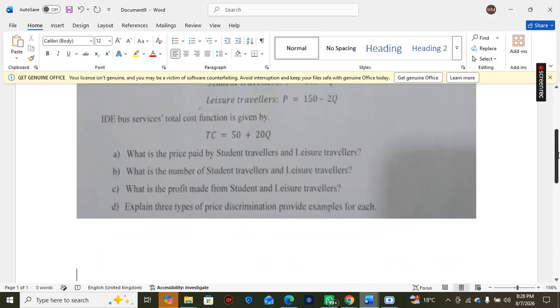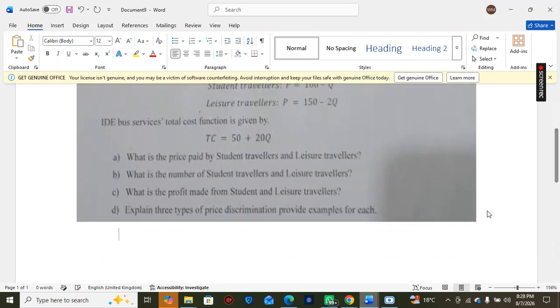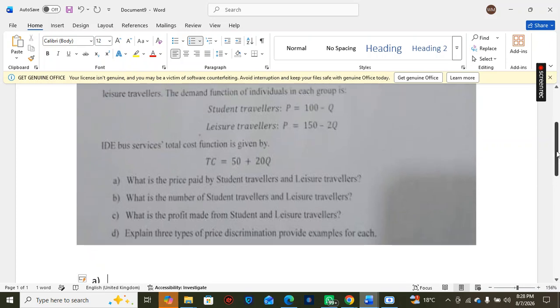So for part A, in order to get the price, we need to remember the point of profit maximization of firms. And the point of profit maximization is where marginal revenue equals marginal cost. As I stated yesterday, where MR equals MC.